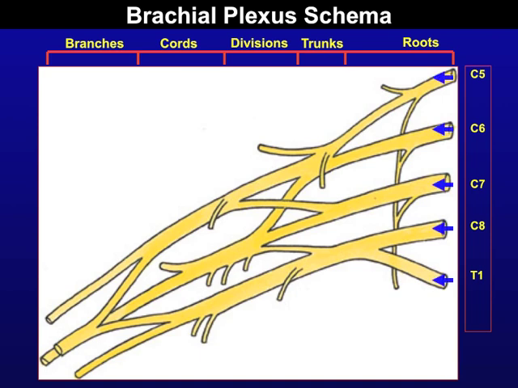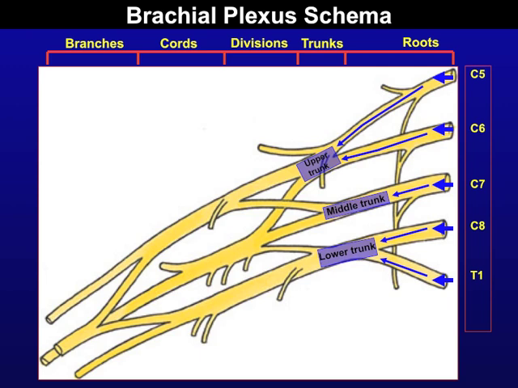The common ventral roots that make up the brachial plexus, C5 to T1, are now indicated by the blue arrows. The upper two roots come together to form the upper trunk. C7 continues by itself and gives rise to the middle trunk. And the lower two roots, C8 and T1, combine to form the lower trunk.